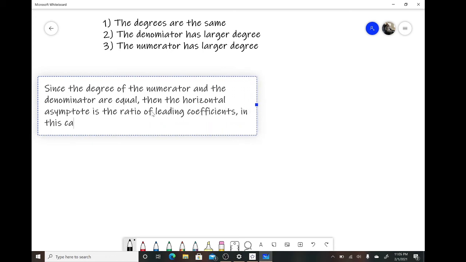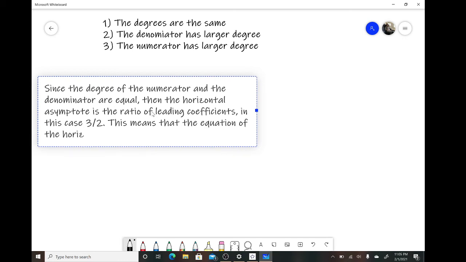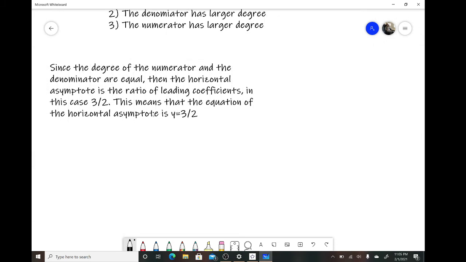In this case, 3/2. This means that the equation of the horizontal asymptote is y equals 3/2. That is a horizontal line at 3/2 or 1.5.